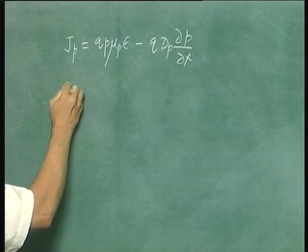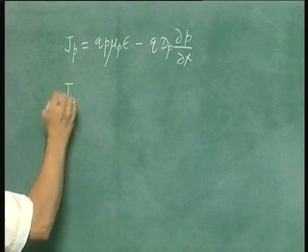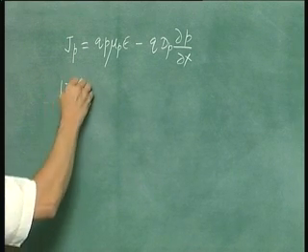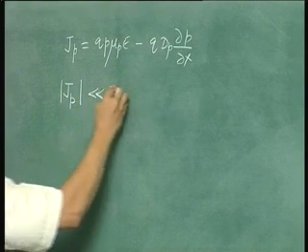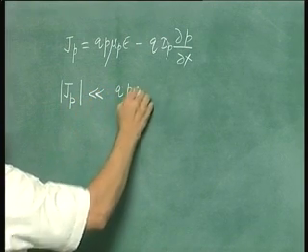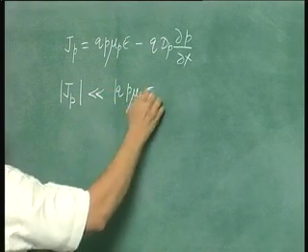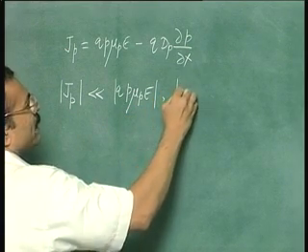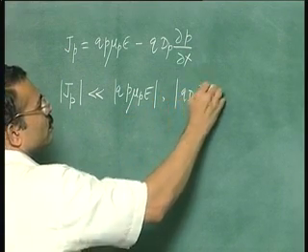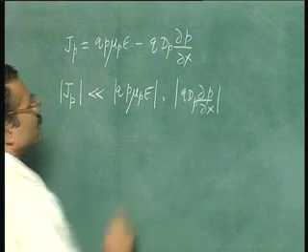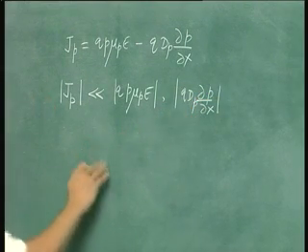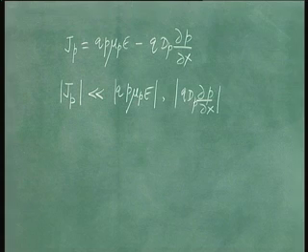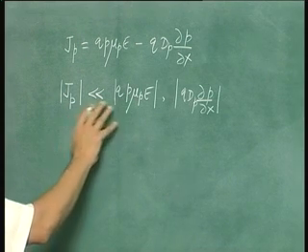So we are talking of a situation where Jp, the magnitude, is much less than the magnitude of Q p mu p into E, and the magnitude of Q Dp dou p by dou x. I am concerned with the magnitudes because the signs have to be taken care of. Okay, so we are only interested in the magnitudes.